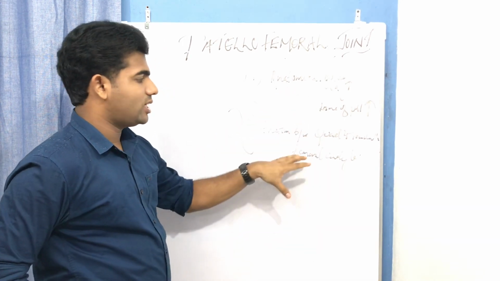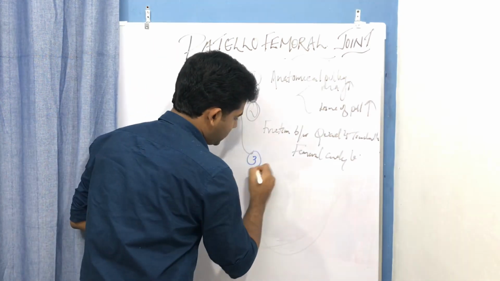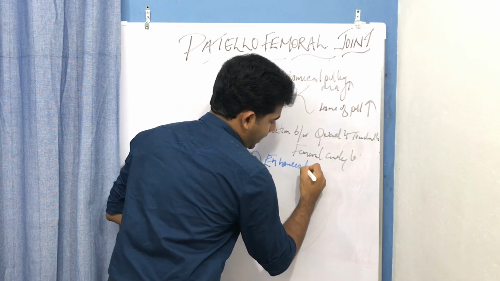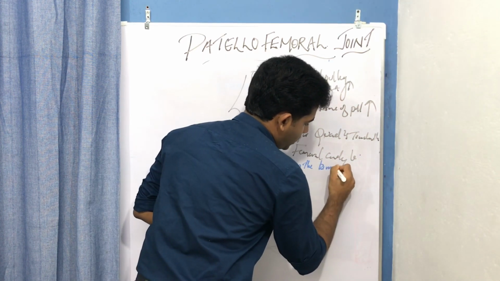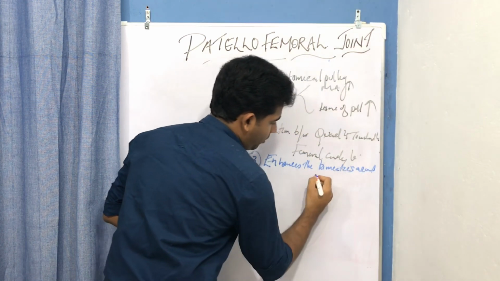between quads tendon and femoral condyle, and thirdly enhances the kinetics and enhances the kinematics around the knee joint. What do you mean by that?